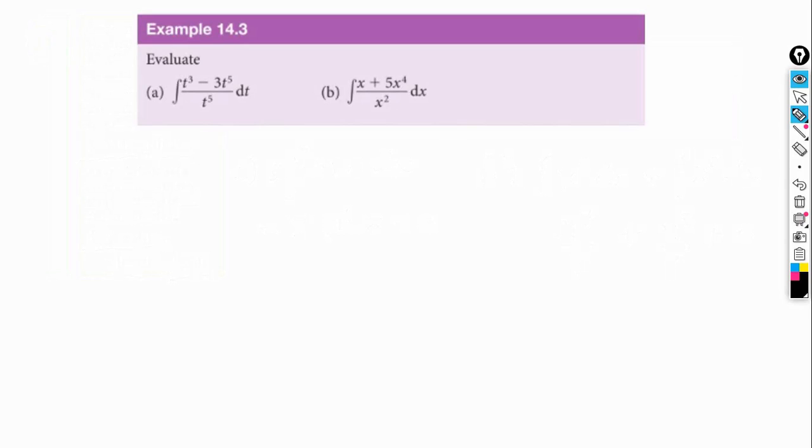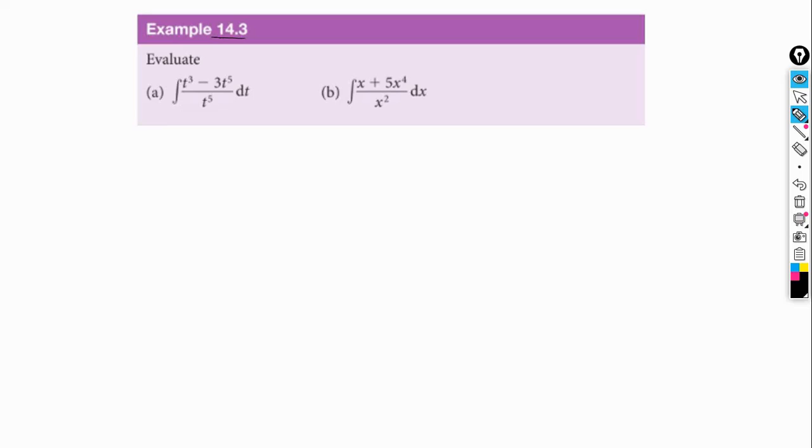Okay, next we have example 14.3, and they ask us to evaluate two integrals. So the first one says t cubed minus 3t to the 5, and both of those terms divided by t to the 5. Here, the easiest thing we can do is split this into separate expressions.